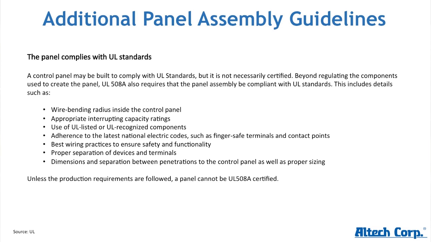And again, just use common sense and maintain all these practices, and the panel will be okayed by UL. If you don't follow any of these, you risk that the panel doesn't get approved.